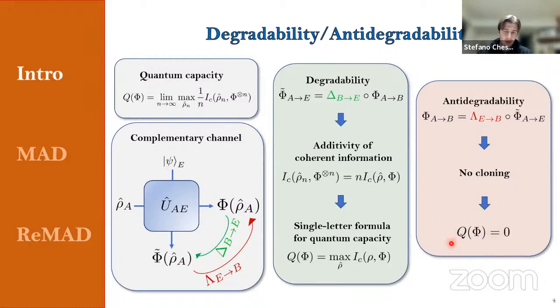Since we will introduce and define two new classes of channels, multi-level amplitude damping channels and resonant multi-level amplitude damping channels, you can guess our strategy to analyze their quantum capacities: we will see where these channels exhibit degradability or anti-degradability and there find their quantum capacity.